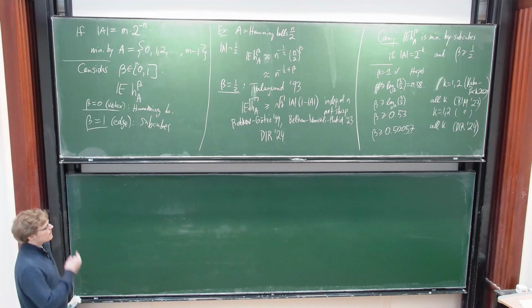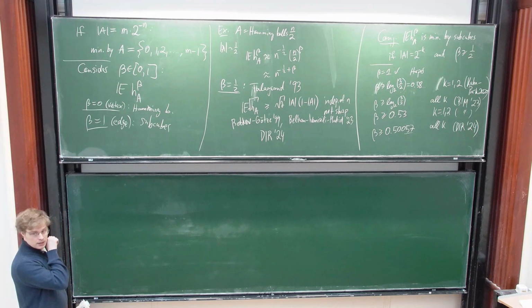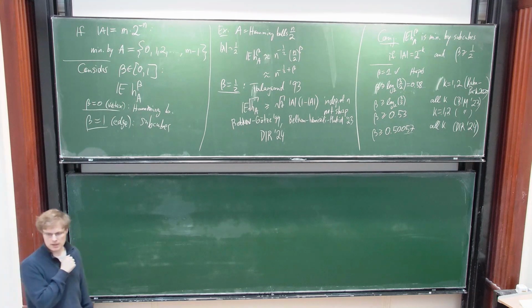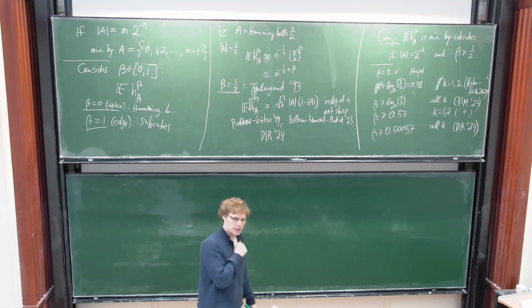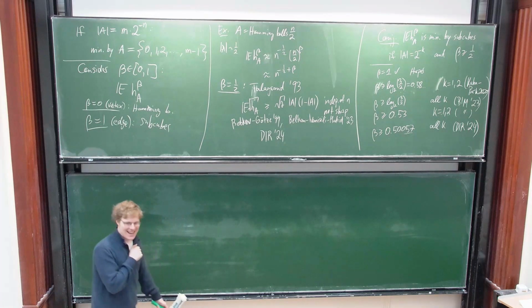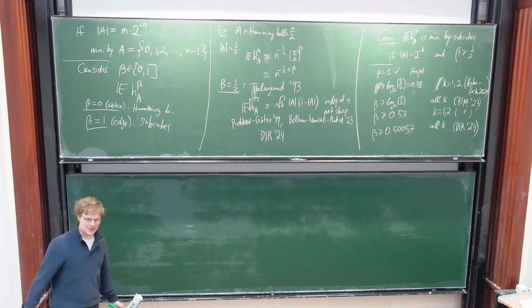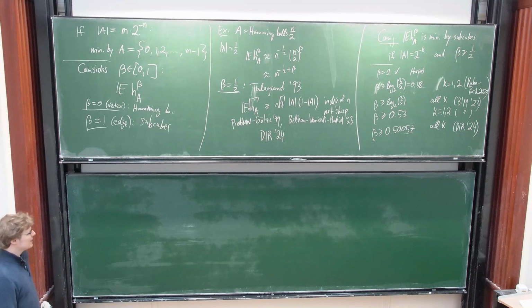So, one question. Are there applications for the sharpness of the constant? Applications? Yeah. No, I don't know. I don't really care about applications. I just want to solve the minimization problem. But it would be interesting, nevertheless, to hear if somebody thinks about it.